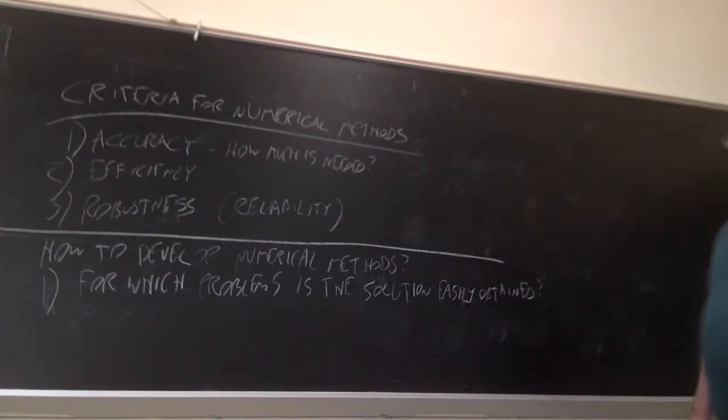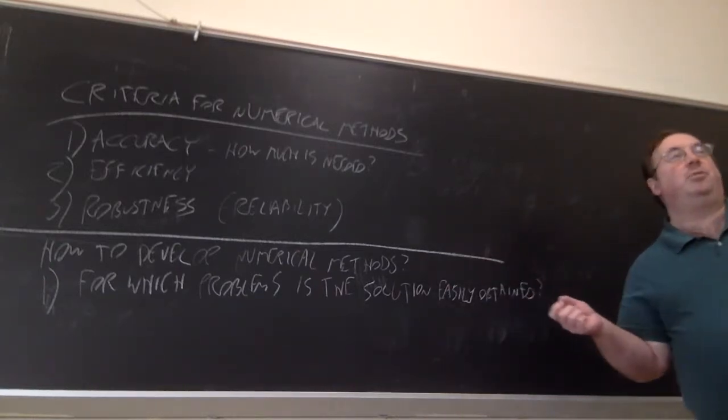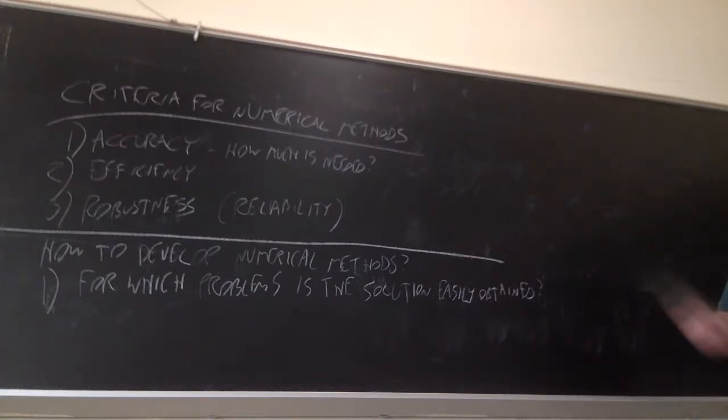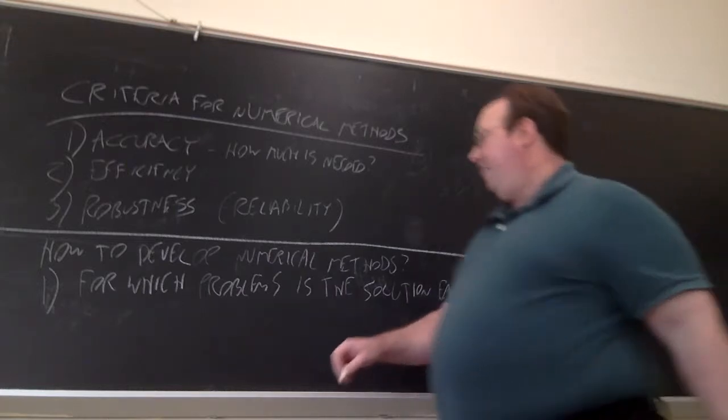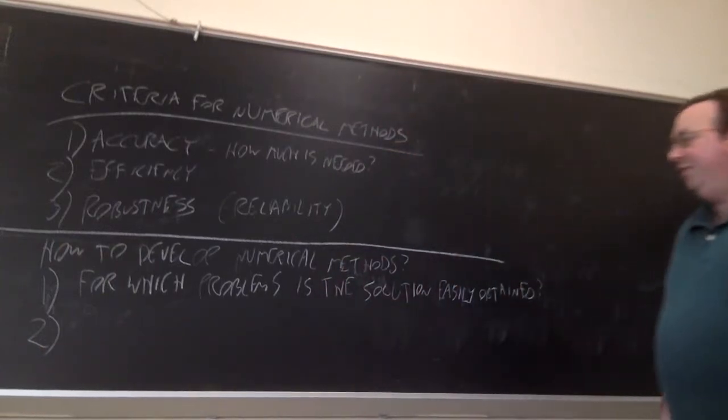Which problems is it really obvious what the solution is? There's some sort of category of problems. For example, when we're solving equations f of x equals 0, the easiest kind of function to find a root of is a linear function. So we would use that as our starting point and try to build on that. So identifying classes of easy problems is very important.